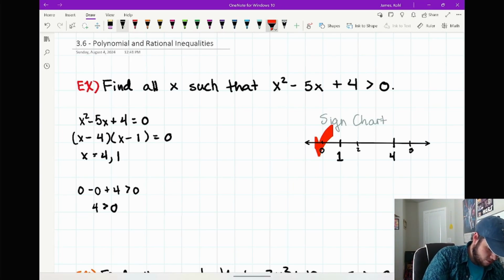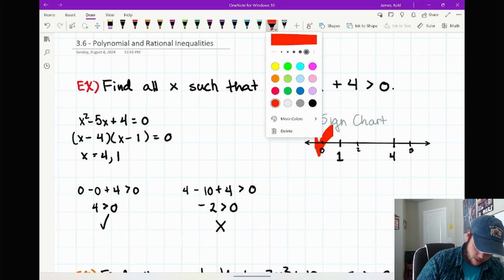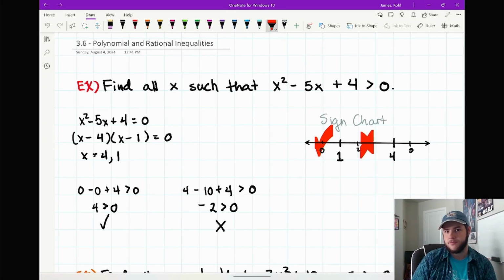Now let's check the middle. Let's try 2. I would get 4 minus 10 plus 4 greater than 0, or negative 2 is greater than 0. This, obviously, is not true. So, it does not work in the middle region.